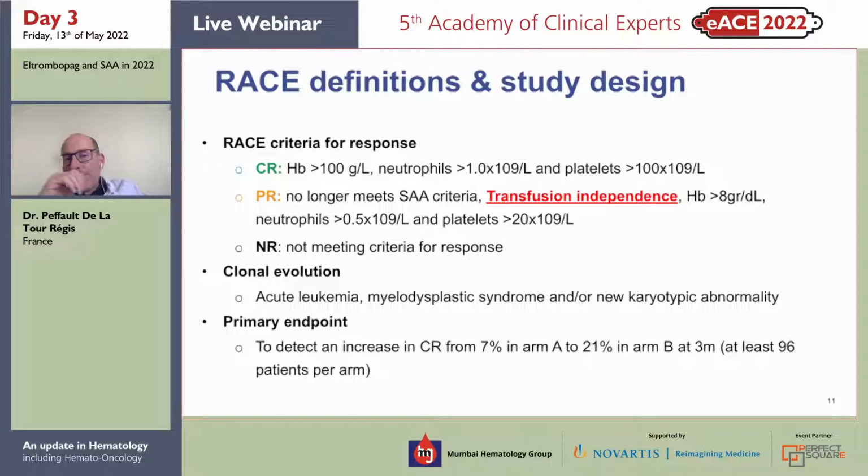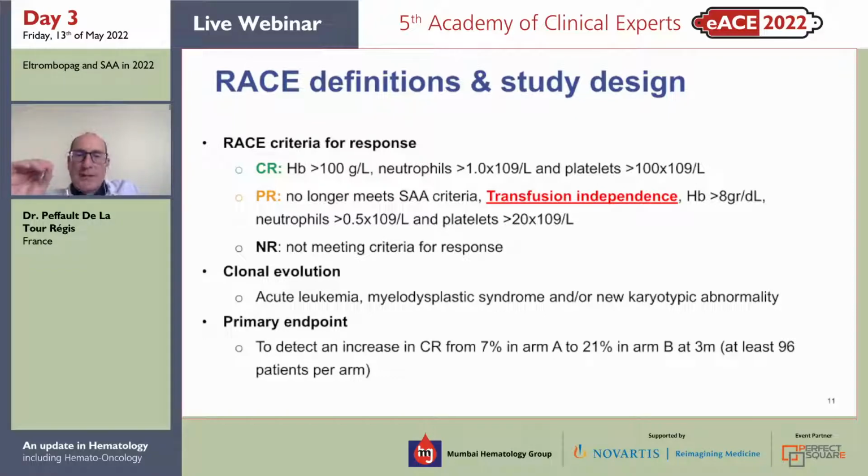For the non-response criteria, we were considering patients who were not meeting, of course, CR or PR. Clonal evolution was also defined morphologically or karyotypically. Basically, patients should not, of course, present with acute leukemia, myelodysplastic syndrome, or new karyotypic abnormality. And we also take advantage of two samples at a 3-month interval.